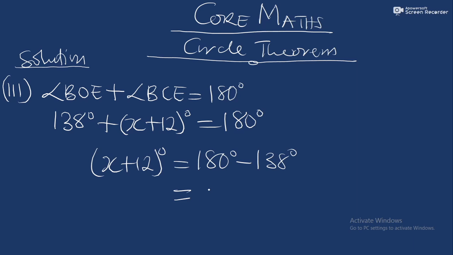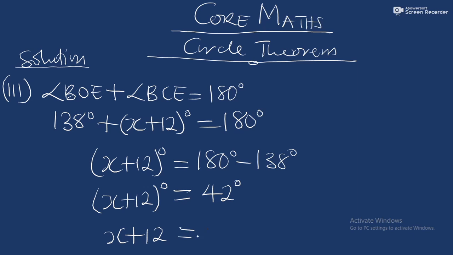So when we do the subtraction, we are going to get 42 degrees, and then we have x plus 12 degrees. The degrees is more or less like units, so the units can cancel out. So we now have x plus 12 is equal to 42.